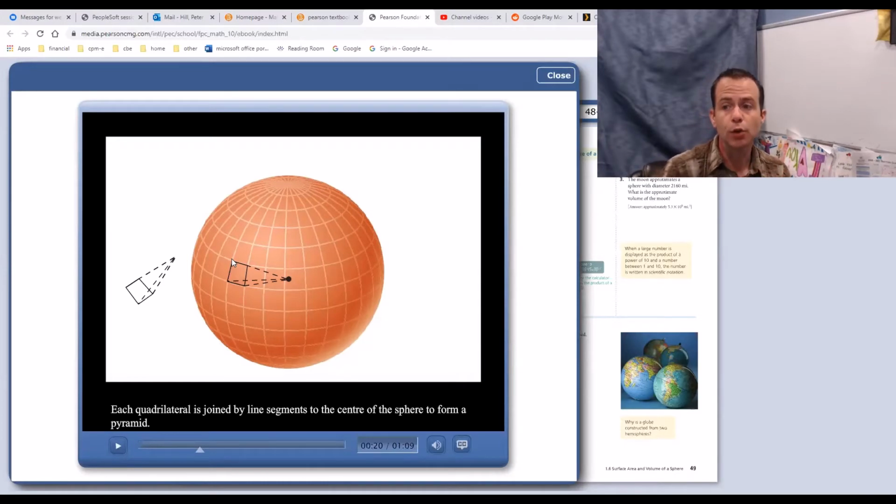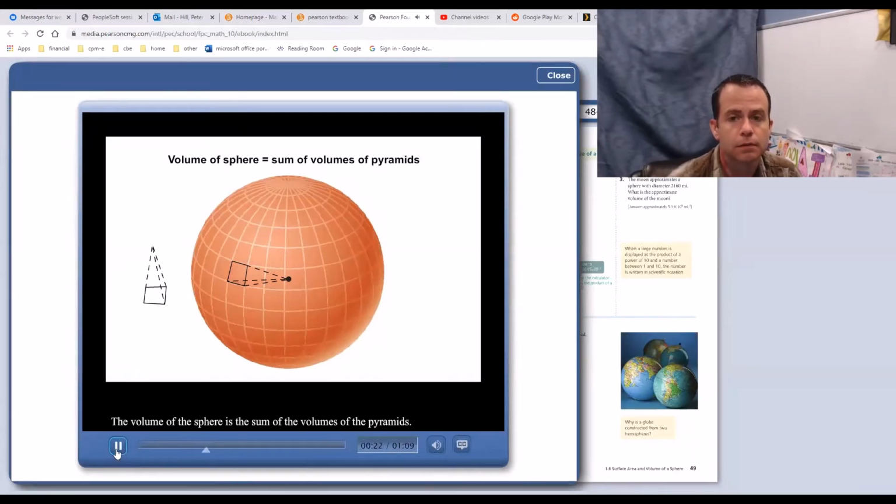Now, we know how to get the volume of a pyramid. It's 1/3 base area times height. So the volume of the sphere will become the volume of all those pyramids added together, and that's what she's going to say here, okay?